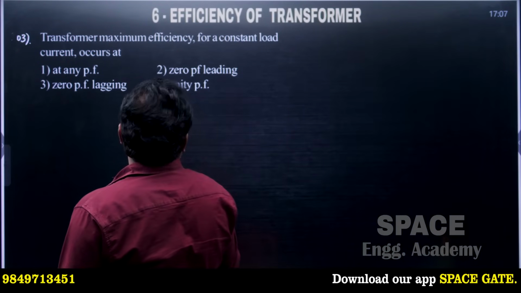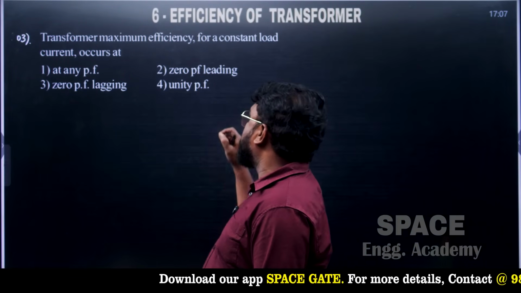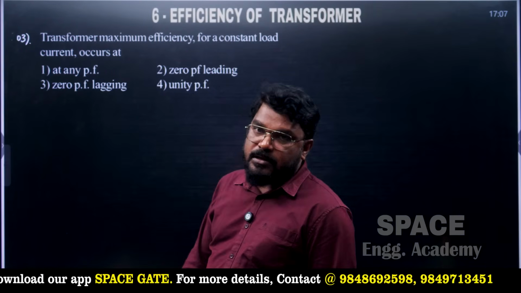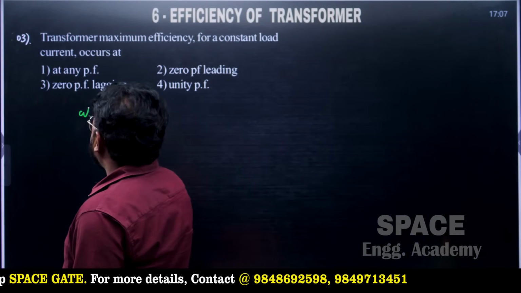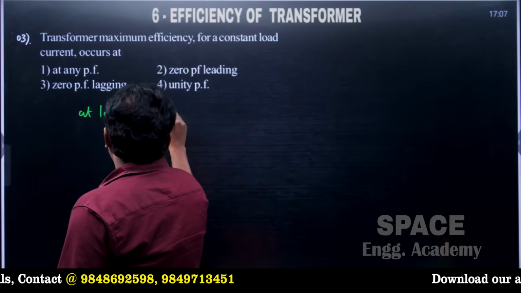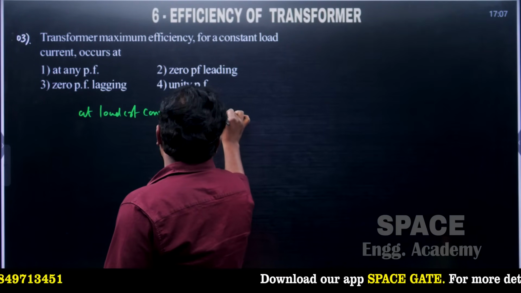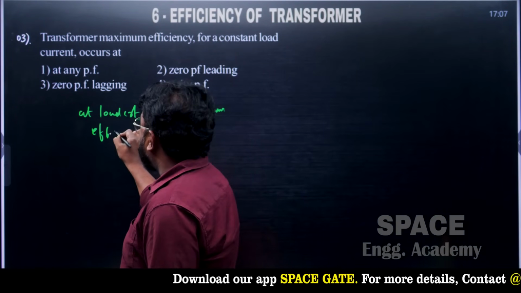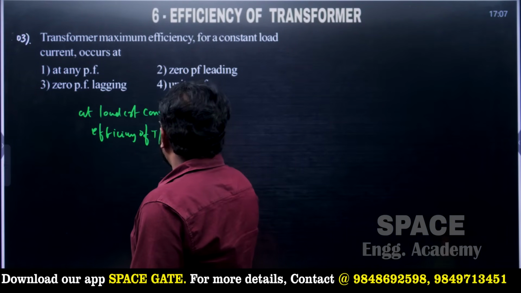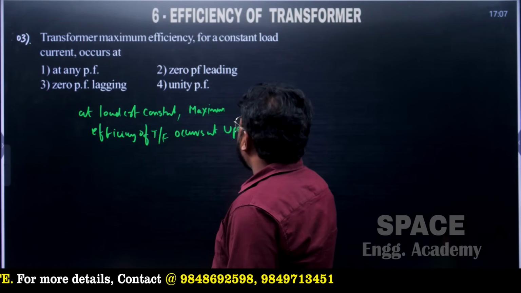Transformer maximum efficiency at constant load current occurs at unity power factor, zero power factor leading, zero power factor lagging, or unity power factor. At constant load current, the maximum efficiency of the transformer occurs at unity power factor.